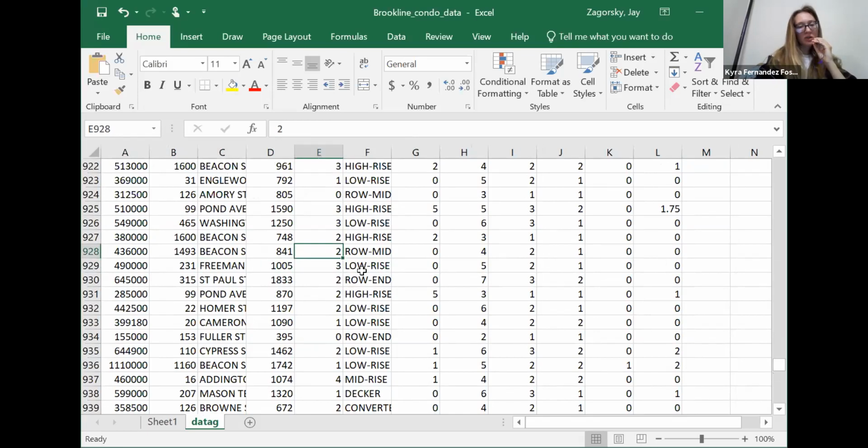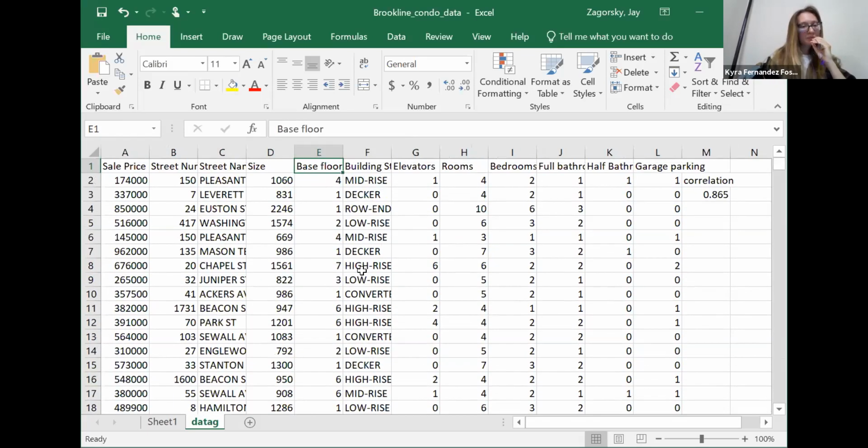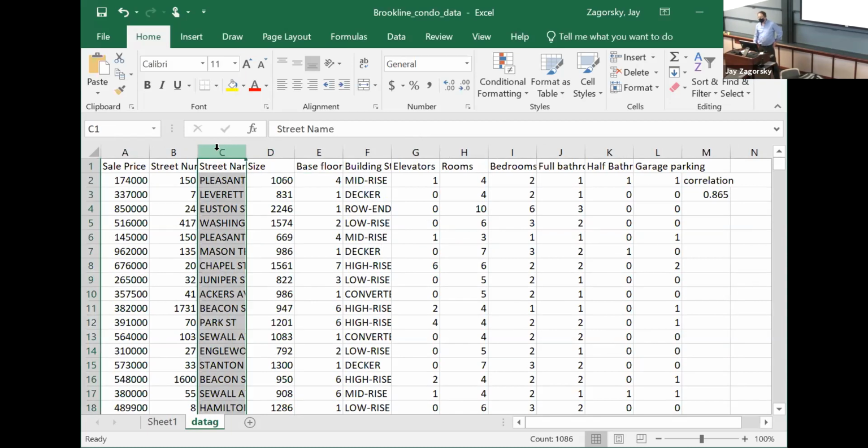I just tried to use the A column and the D column. So a correlation matrix means everything from the A to the D column. With a correlation matrix, there's no way of picking just individual columns. It says in the correlation matrix, it's everything from A to D, which is why you're picking up things like C, which have Pleasant Street, Houston Street, Washington Street, and so on.